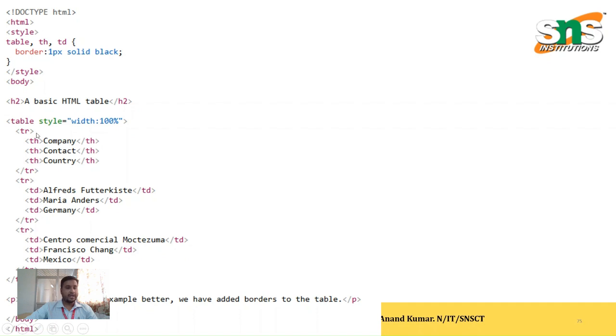I mean to say there are three tr tags and three closed tr tags. So there will be three cells at least. That means three rows.